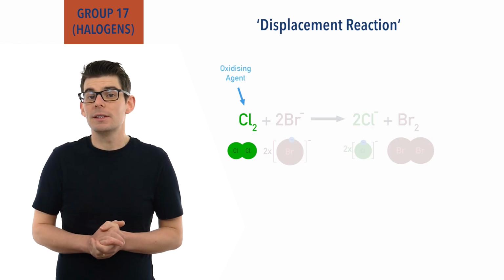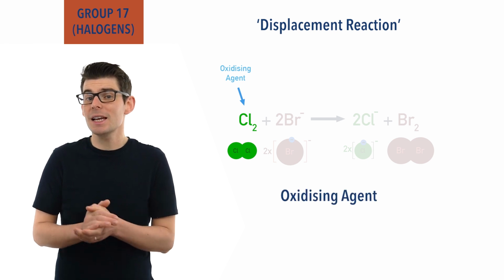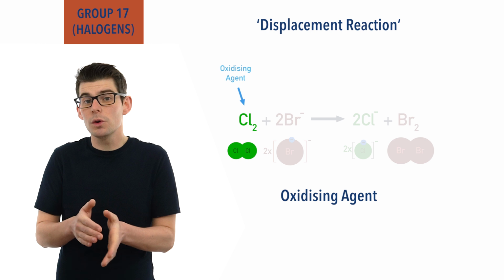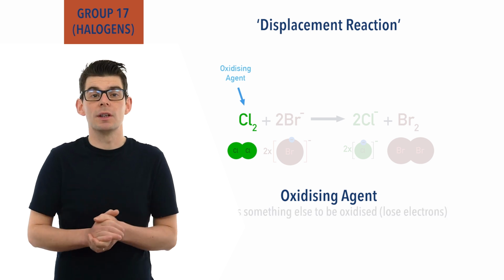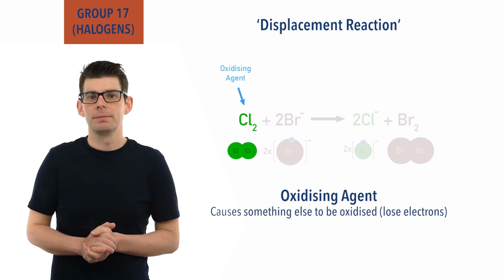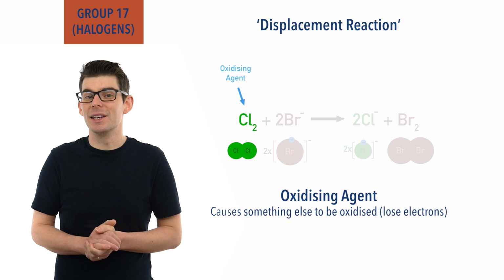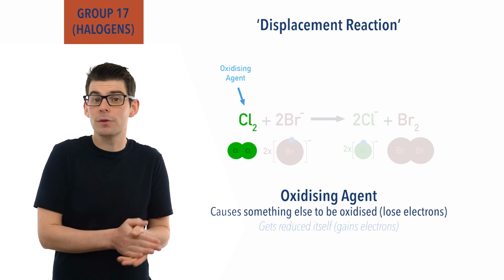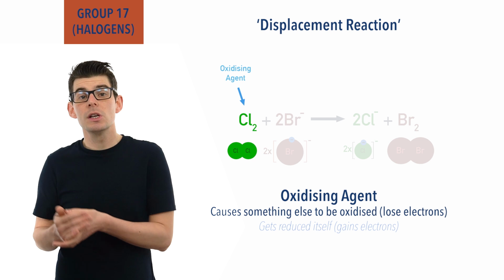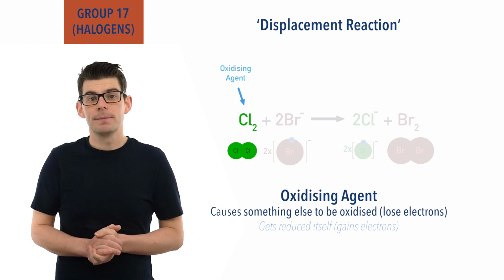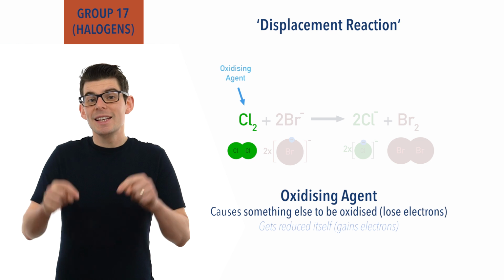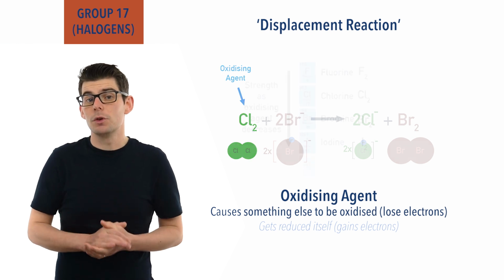An oxidizing agent is something that takes electrons from another species in a reaction and causes that species to be oxidized, to lose electrons. I know it sounds a bit confusing, but an oxidizing agent gets reduced itself and causes something else to be oxidized. The ability of halogens to act as oxidizing agents decreases down the group.